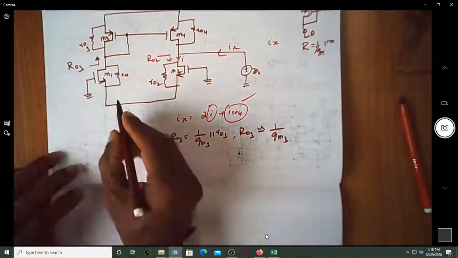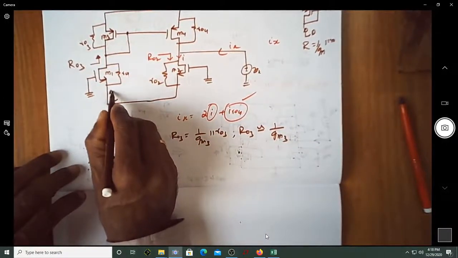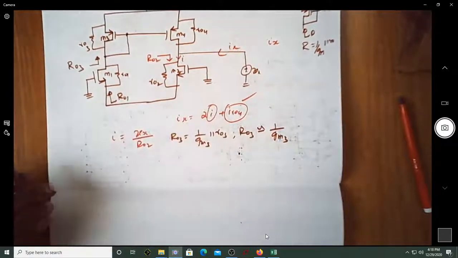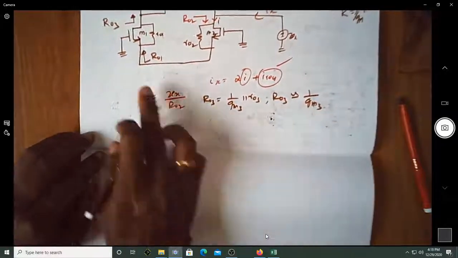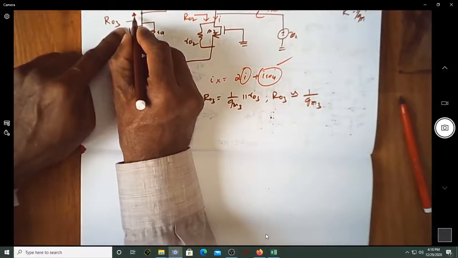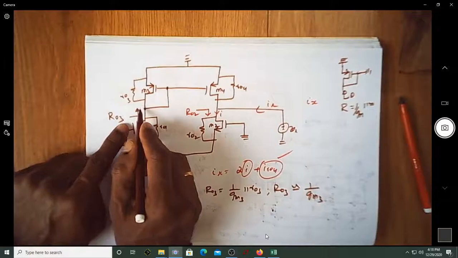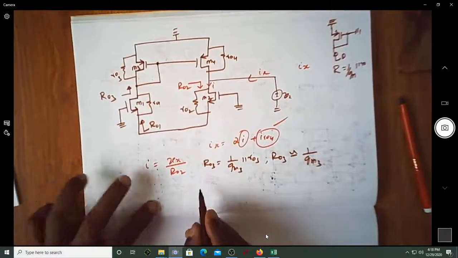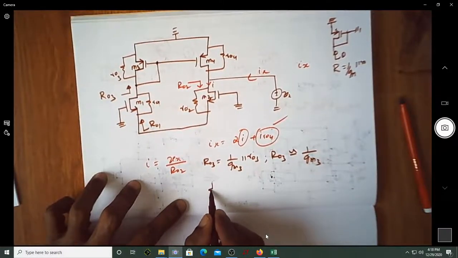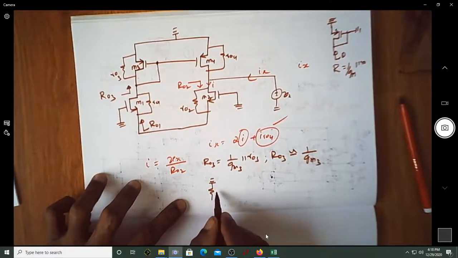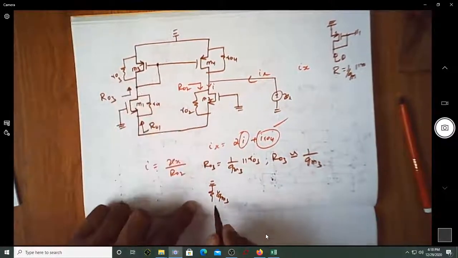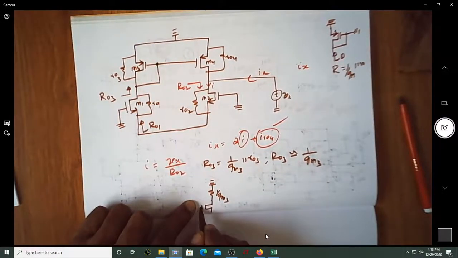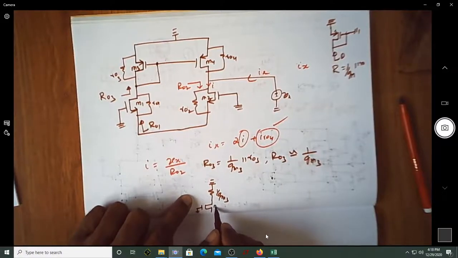Now let us try to find out the resistance looking up here. Let me say this is R01. Can we think of a situation where this is AC grounded and this is 1 over Gm3, which is exactly the R03 of it, and you have this transistor M1 grounded here, and this is your R01.